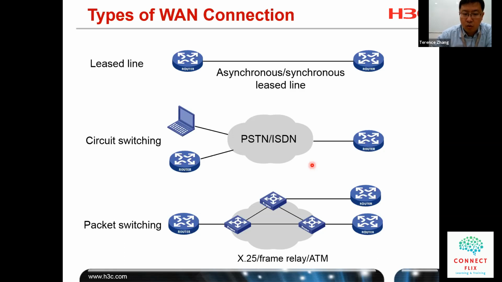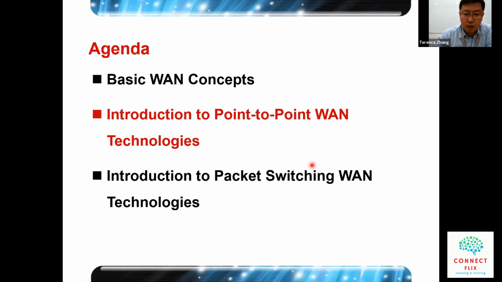But the problem is it takes a very long time to build a connection. Packet switching involves more latency, but its reliability is higher than circuit switching. This feature will show up in your exam, so you need to pay attention.